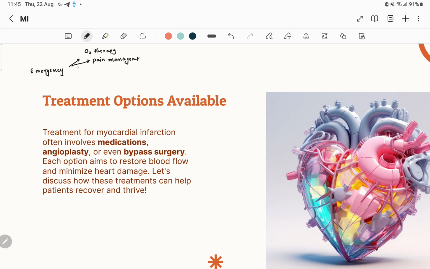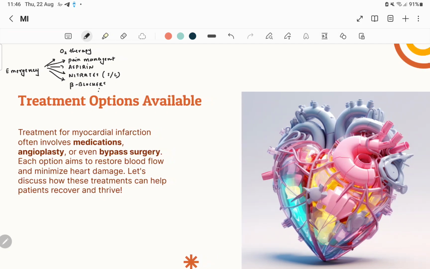Aspirin may be given. You can give nitrates sublingually like nitroglycerin. You can give beta blockers. Understood? So these are the things.